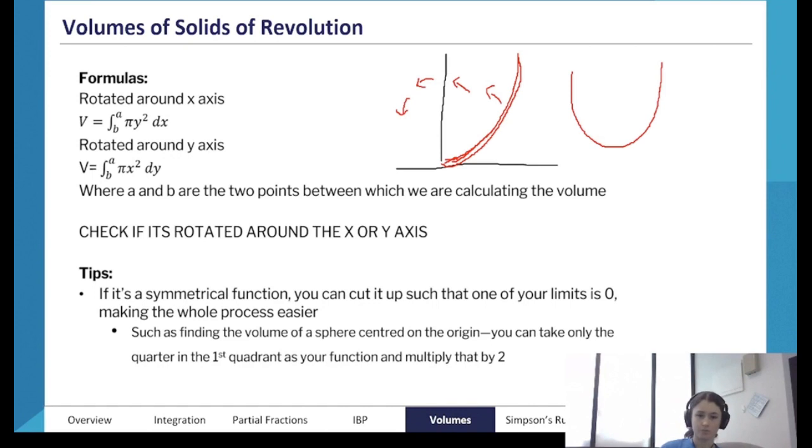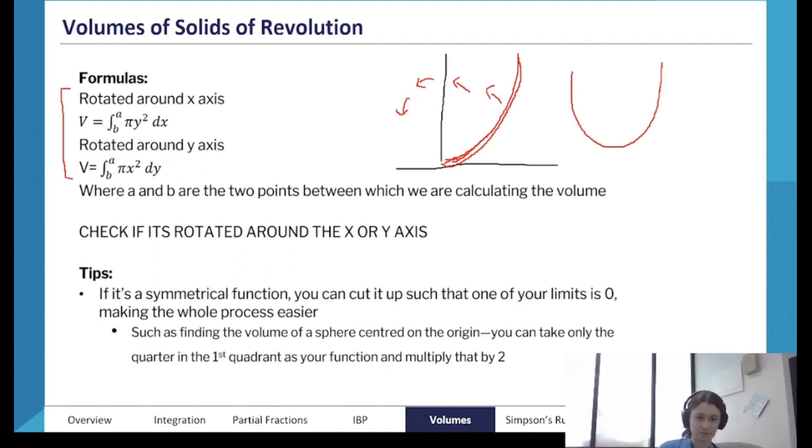So if we rotated this around the y-axis, we'd be left with a bowl shape. If you have a bowl in the shape of this parabola, we can find the exact volume of that bowl using these formulas.